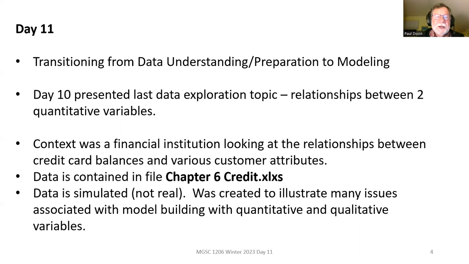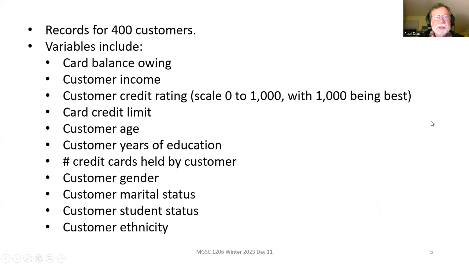So we're going to continue with the same setting we had last class, where we're looking at a data set that is supposed to be customer credit card records and looking to see, can we predict their credit card balance based upon customer characteristics. So we've got records for 400 customers.